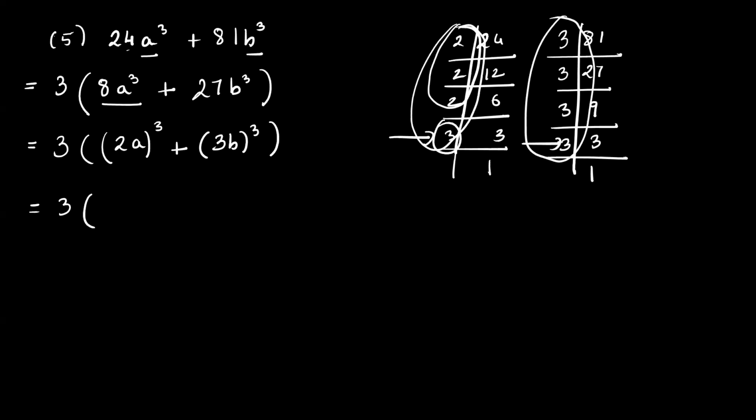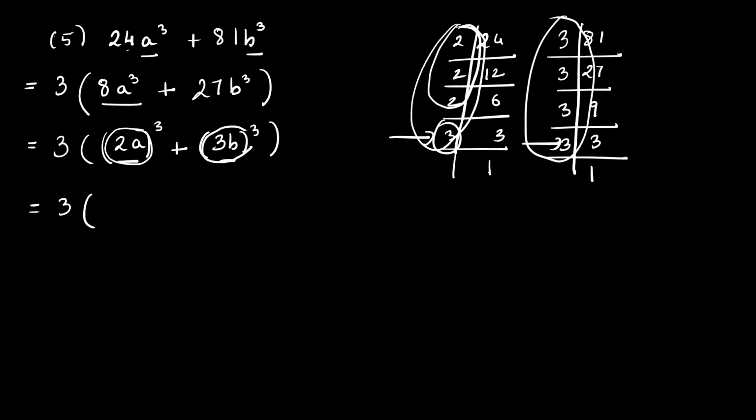And b की जगह पे? अगर ये a है तो ये b है ना? 3b. You understood? So when I say a cube, here there is 2a in place of a. And where I say b cube, there is 3b in place of b.